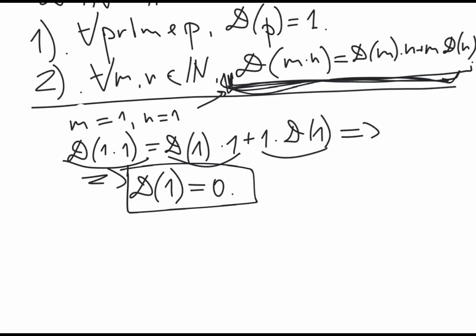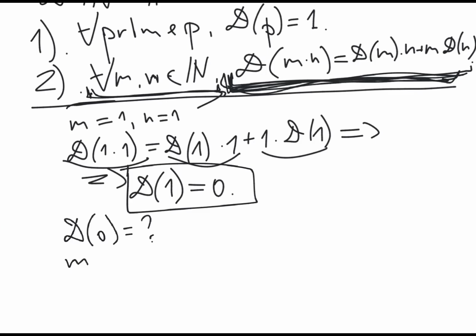First we are going to find d of 0. The product rule technically holds only for natural numbers in the original definition, but now that we want to extend it, we want to find how to set d of 0 so that the product rule would hold for all integers.